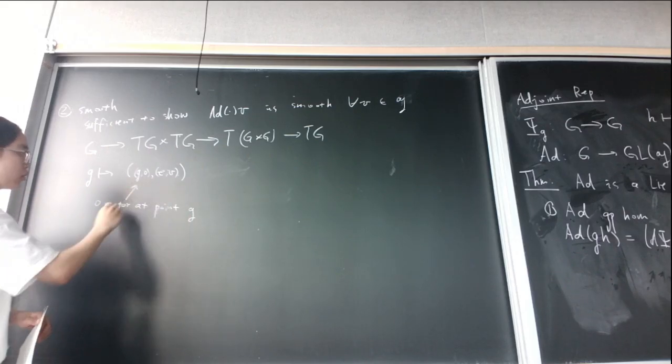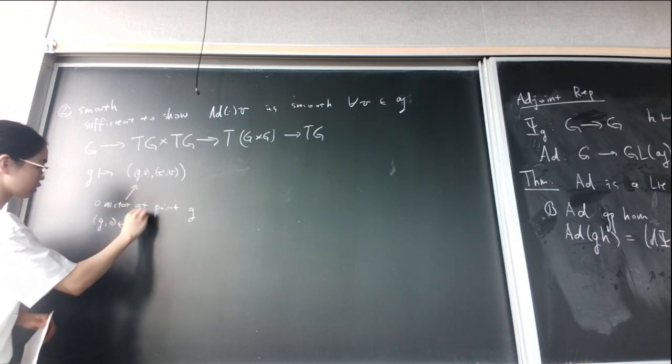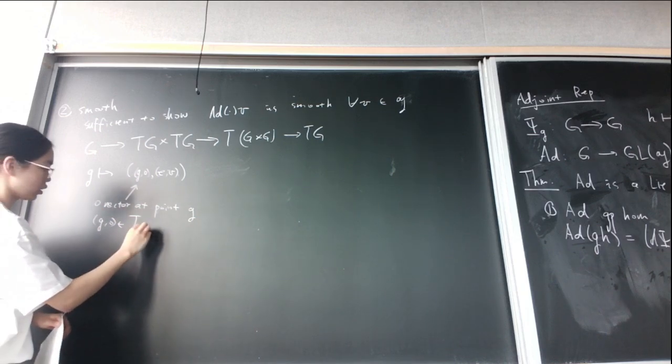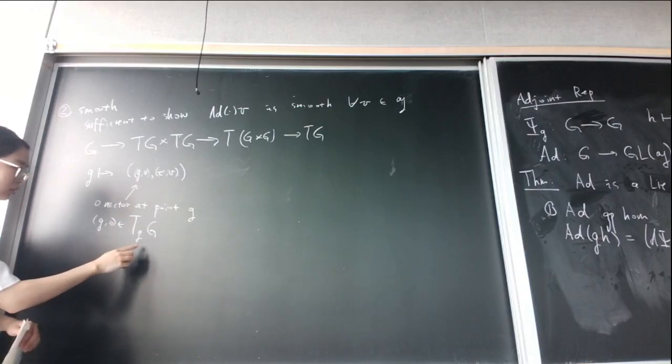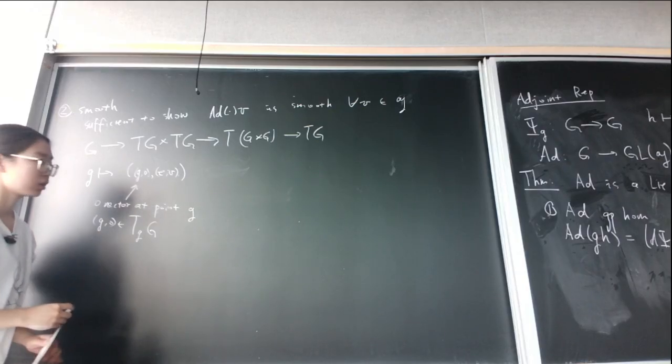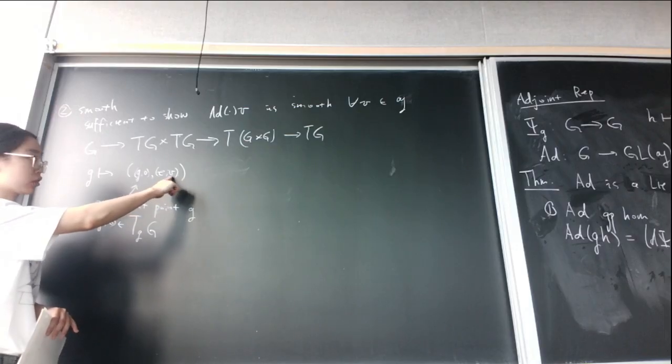So this first thing is in the tangent space at G, and it's a 0 vector in here. And this would be the V vector at identity.